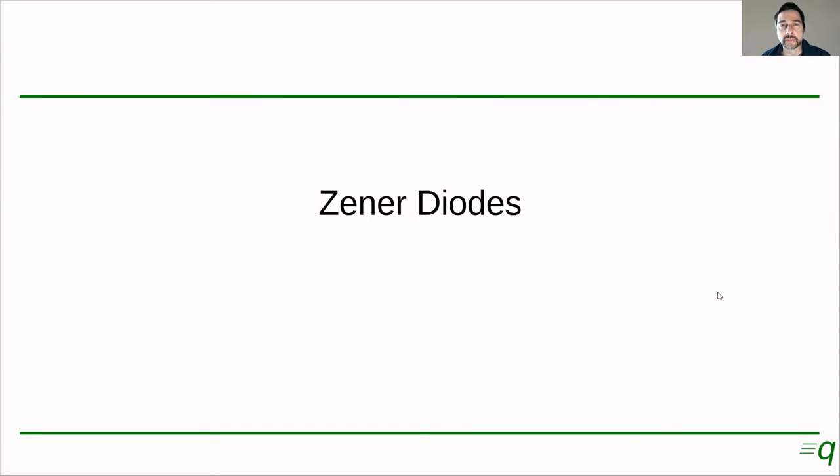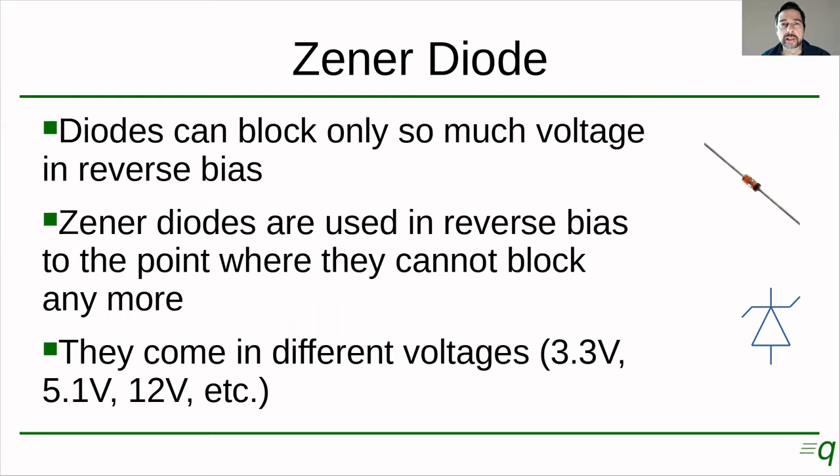So that brings us to the topic of Zener diodes, which are a special kind of diode. When we studied regular rectifying diodes, we studied that they can block only so much voltage when connected in reverse. And that was one of the main parameters that you would have to specify if you want to purchase a rectifier diode: how much voltage they can block when in reverse.